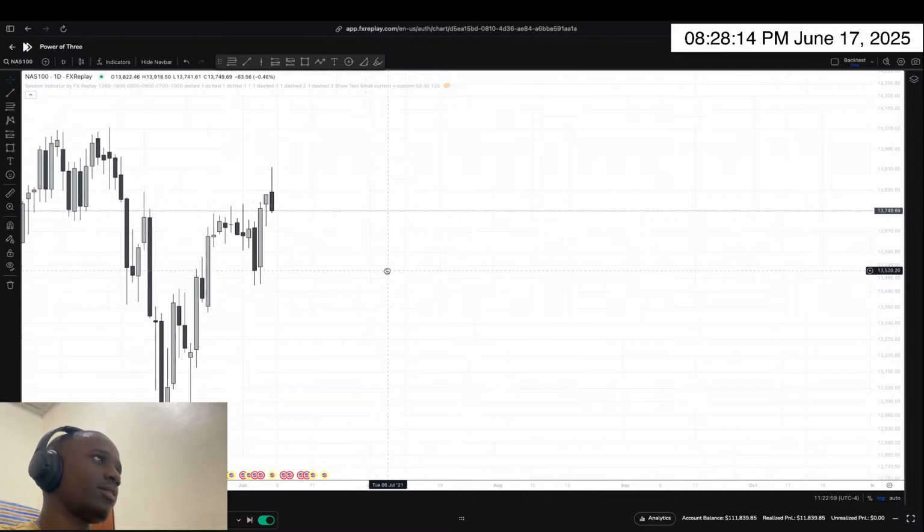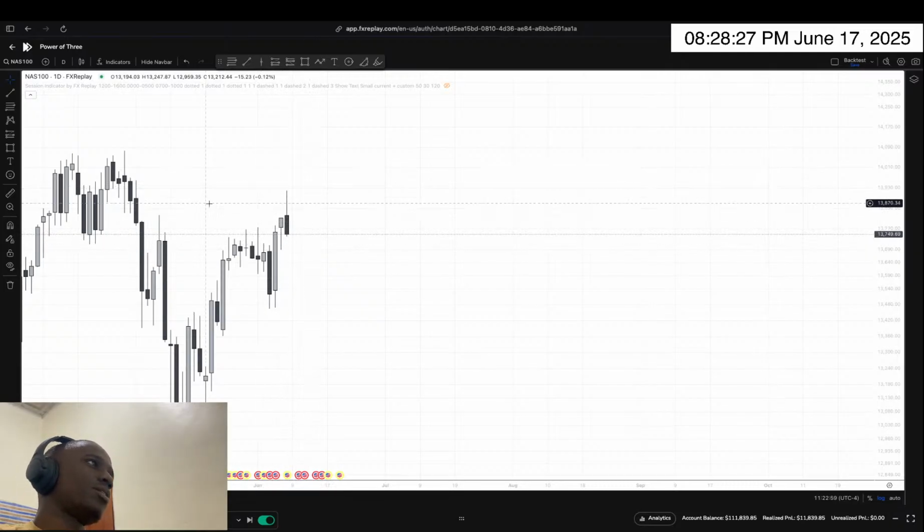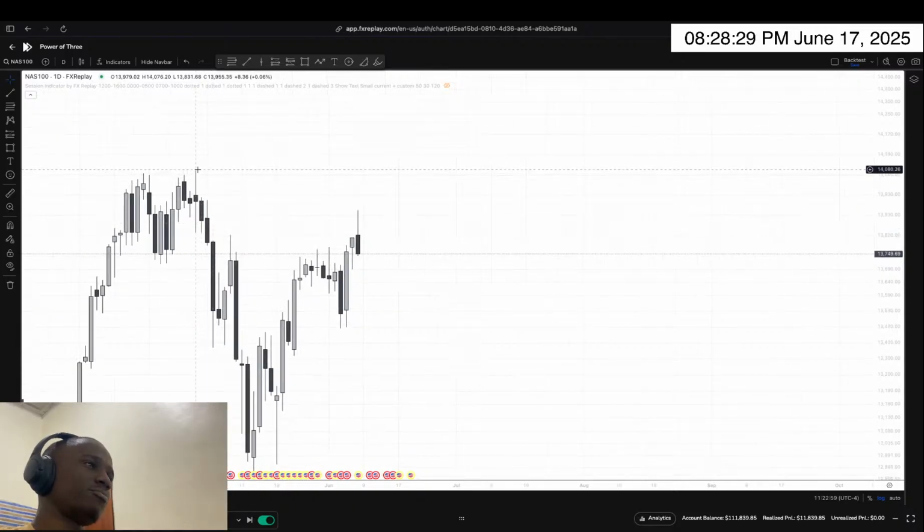So going back to the daily, you can see that we have this order block kind of structure, which means we will retrace into it, then expect a push to the upside, with our next liquidity level being this one.